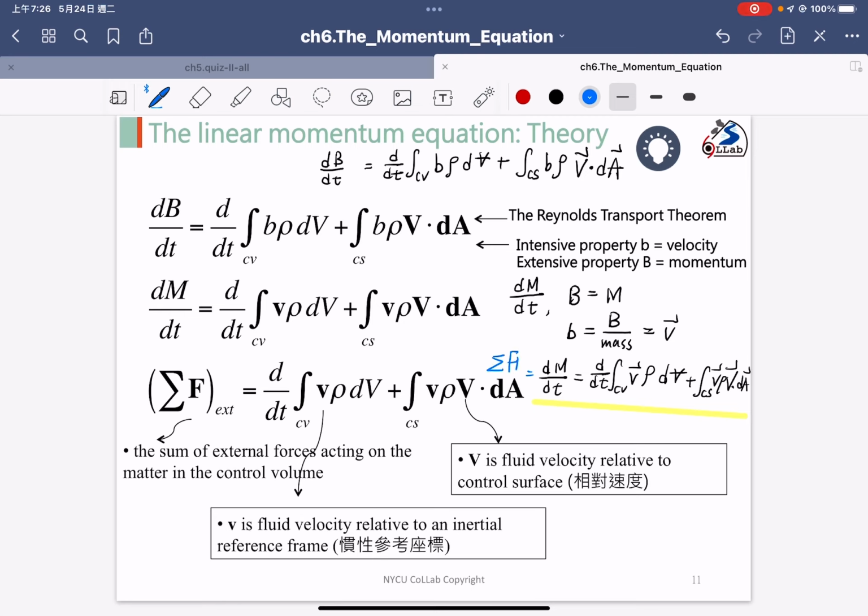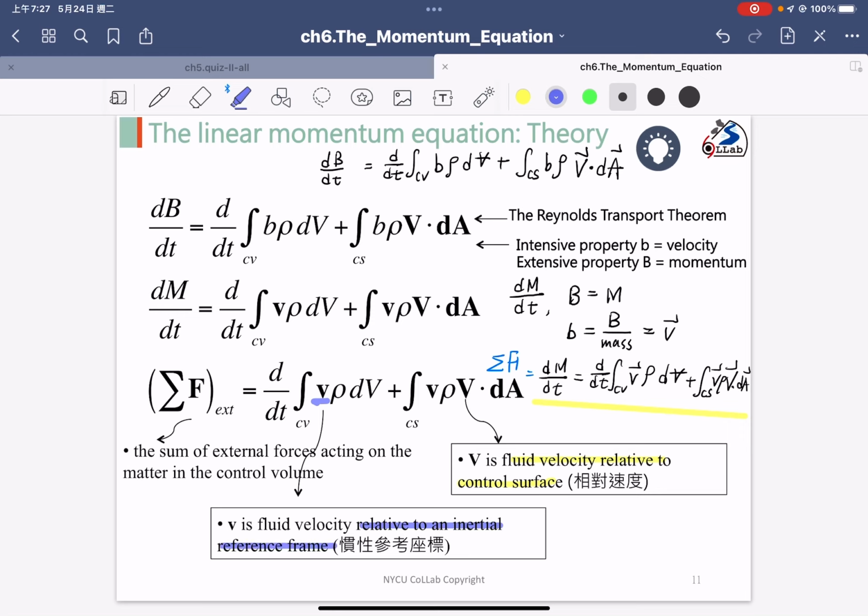And here I highlight something very important. I use the capital velocity V and the small velocity v to indicate different velocities. As you can see in the sentence shown here, the capital V is the fluid velocity relative to the control surface, but the small v is the fluid velocity relative to an inertial reference frame.